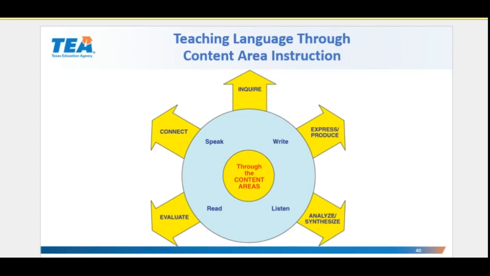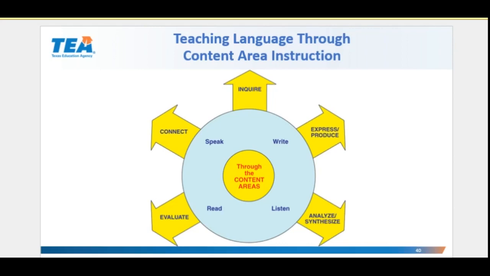Teaching language through content area instruction. Communication skills in listening, speaking, reading, and writing are at the core of all academic learning. As shown in the graphic, when content area teachers give EB students frequent targeted practice in listening, speaking, reading, and writing in English, they build the English communication skills that enable EB students to develop and/or apply critical processing and thinking skills.